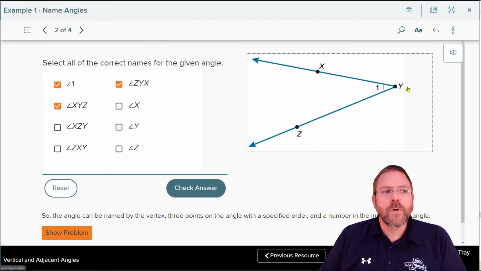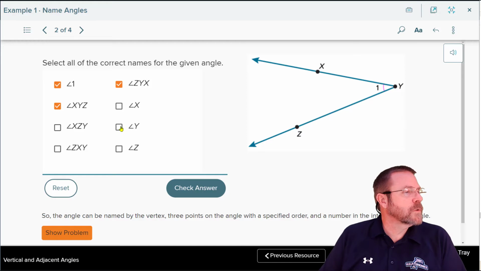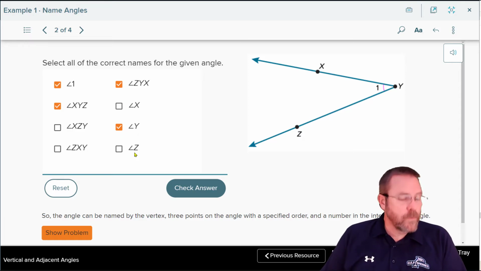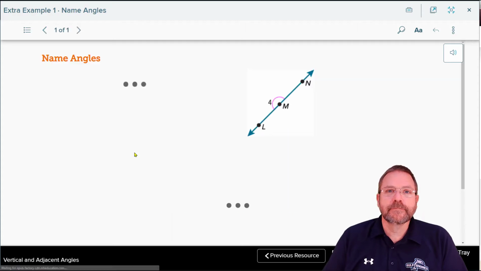Or we could call it just angle Y, which is located right there. The others, while they have 3 letters, you do not have your Y as a middle term. The Y has to be a middle term when using 3 points. And if you're using a single point, that single point has to be the vertex of the angle.